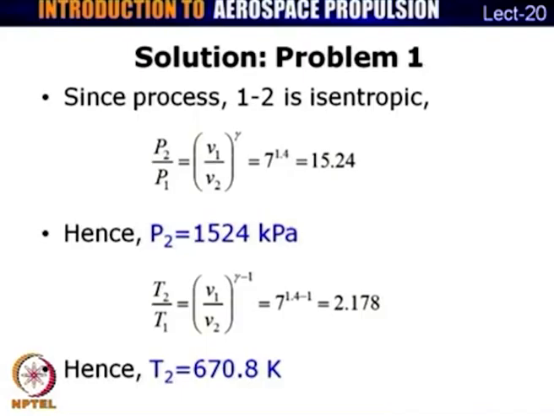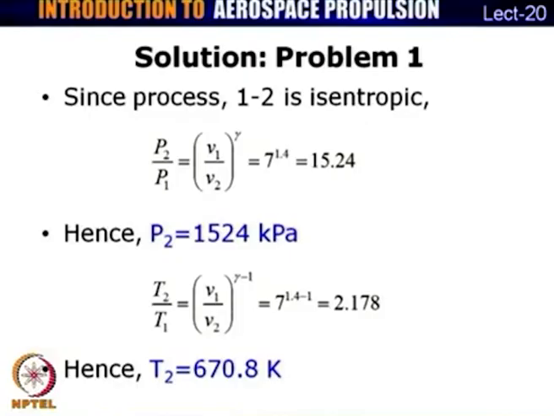So, T2 by T1 is equal to V1 by V2 raised to gamma minus 1. Therefore, this is equal to 7 raised to 1.4 minus 1, which is 2.178. Therefore, you can calculate T2 because T1 is already specified as 303 Kelvin, and so T2 is equal to 670.8 Kelvin.